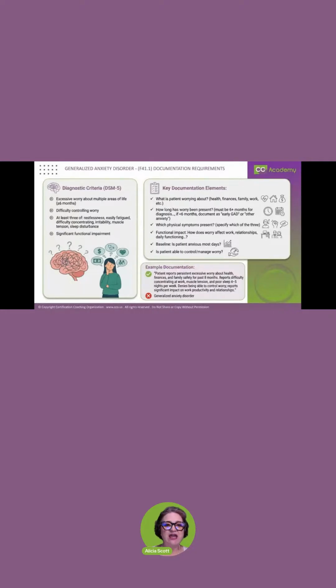The patient has to have excessive worry about multiple areas of life for 6 months or longer. If it's been 5 months, then it's probably not going to be GAD, and a query might be involved. You might document it as early GAD or other anxiety disorder, but you can't use F41.1 until you hit that 6-month mark.